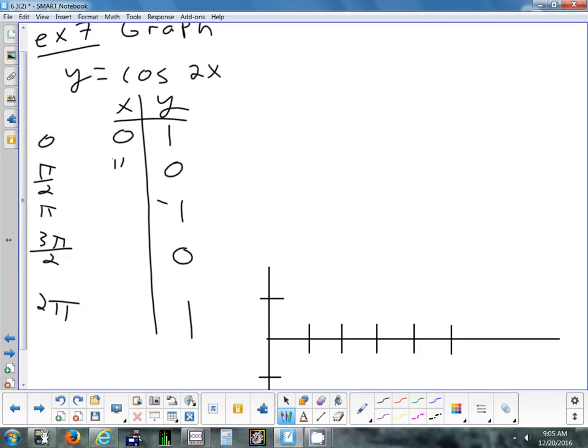So 0, pi over 4, pi over 2, 3 pi over 4, and pi. And you might look at those numbers and be like, there's no pattern there. But if you wrote everything with a denominator of 4, you would see the pattern. It's 0 pi over 4, 1 pi over 4, 2 pi over 4, 3 pi over 4, 4 pi over 4. But what we have is reduced.